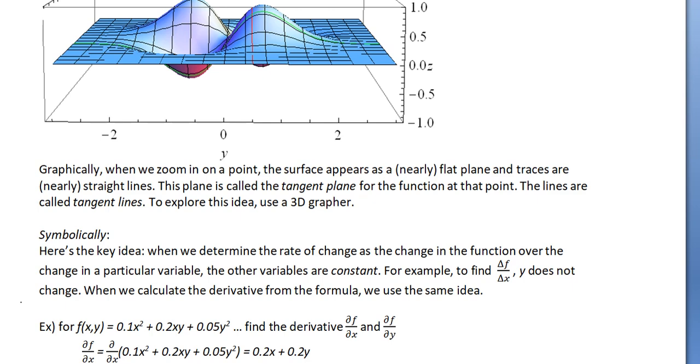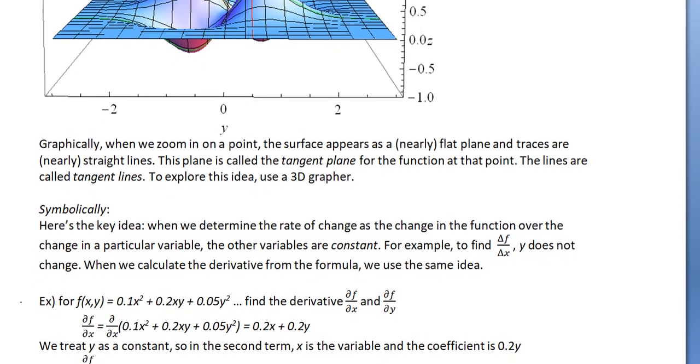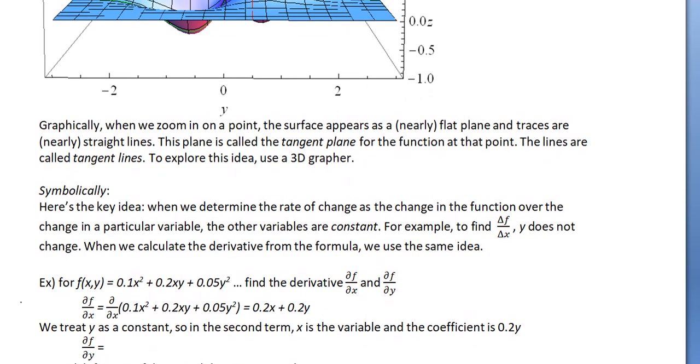Now we can do the exact same thing for the function with derivative with respect to y. So what is df dy in this case? So derivative of the first term, 0.1 x squared, since we're taking derivative with respect to y, we're treating x like a constant. Derivative of that term will be 0. So now 0.2 xy, derivative of that term with respect to y, we're treating x as a constant, 0.2x.